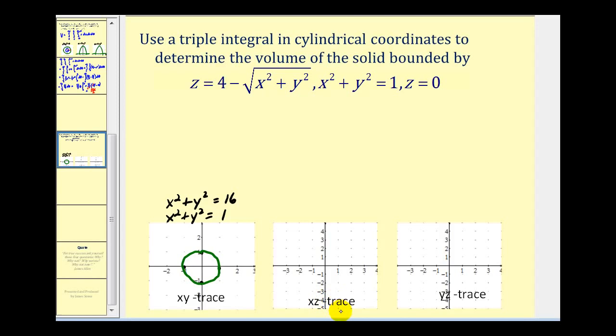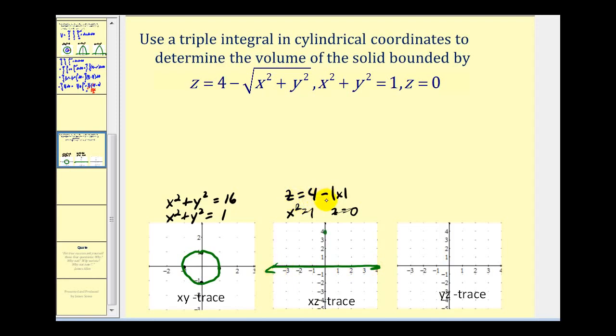For the xz trace, we'll set y equal to 0. Be a little careful here. We'll have z equals 4 minus the square root of x squared, which would simplify to the absolute value of x. And then here we'd have x squared equals 1. And here we have z equals 0. So here's z equals 0.